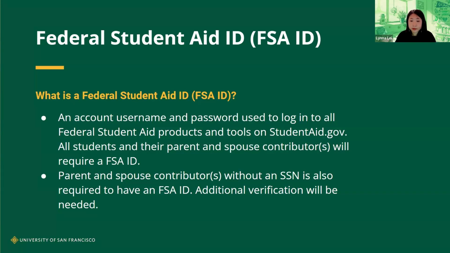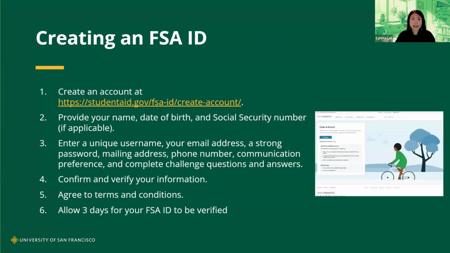Parents and spouse contributors without an SSN will also be required to make an FSA ID, although additional verifications will be needed for those accounts. In order to create your FSA ID, you would go to the studentaid.gov website. You will need to provide your name, date of birth, and Social Security number if you have one.